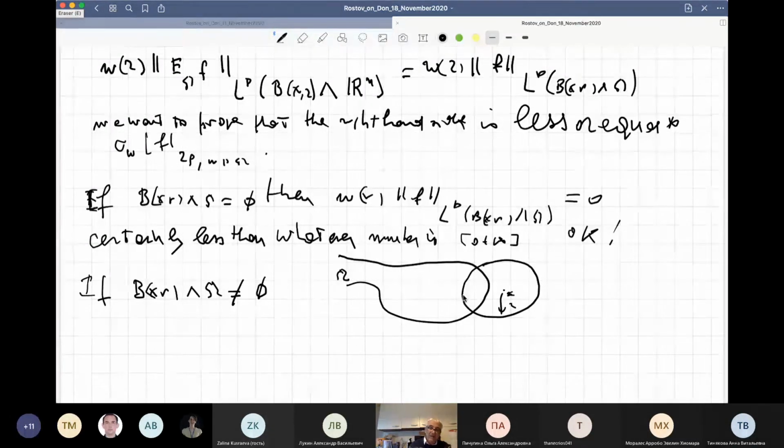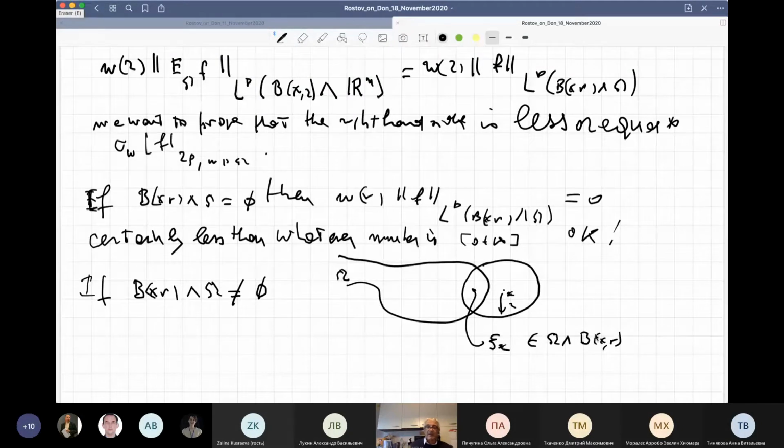Then I pick up a point xi_x in the intersection with the ball B(x,r).